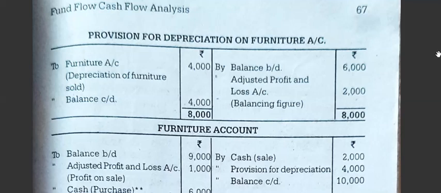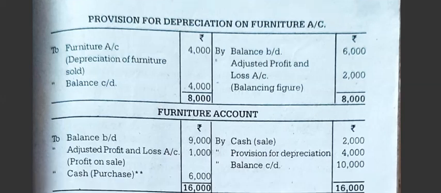See, 5,000 furniture, written down value is 1,000. So there was a furniture depreciation of 4,000. So to furniture account 4,000. The difference will be the balancing figure, adjusted profit and loss account 2,000. The total of both sides 8,000.